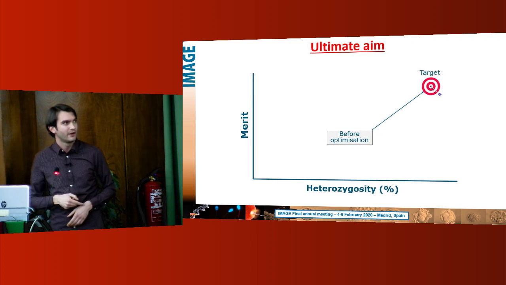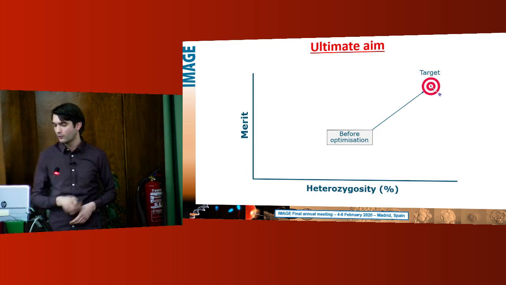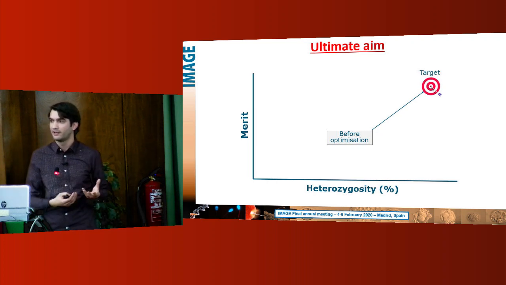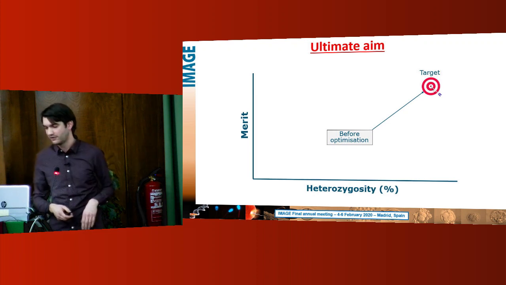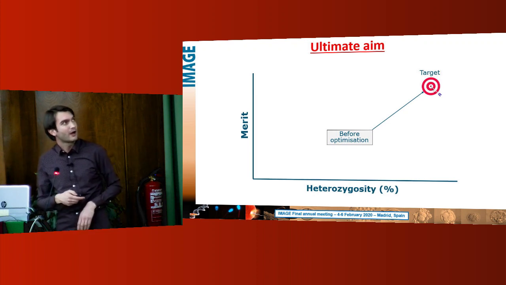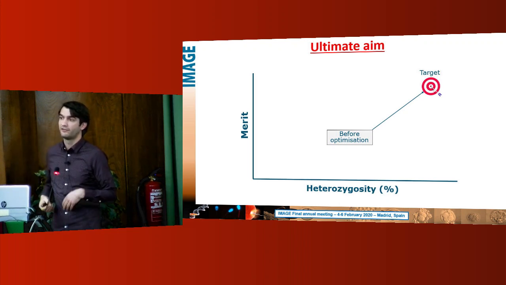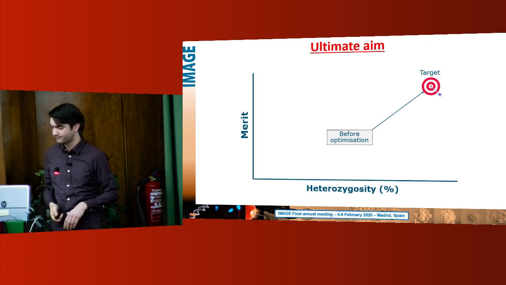So on the right part, we have the highest diversity, the highest heterozygosity, and on the y-axis, we have the merit. Then we look at the population before we do any optimization, so that's the box in the middle. Our target is to go to the upper right corner, because that would mean a high diversity while also having a high merit.